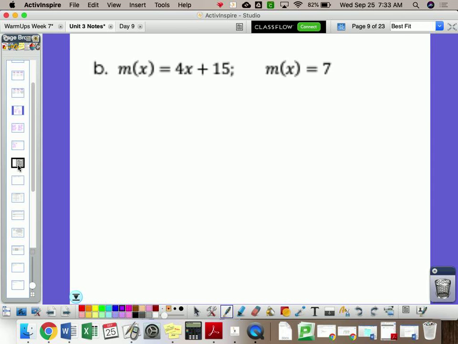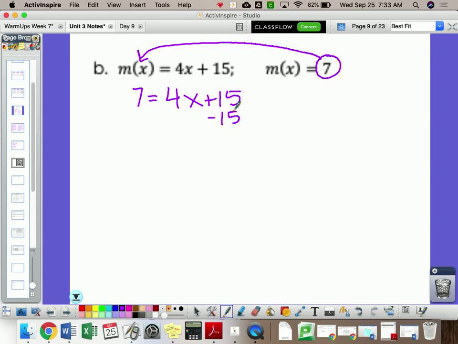Let's do another example. For m of x, 4x plus 15, and m of x equals 7. So they're giving me what the function should equal in the end. We have to solve for what that x is equal to. So I'm going to replace this entire m of x with that positive 7. And now I'm going to have to solve for x. So I'm going to first subtract 15 on both sides.